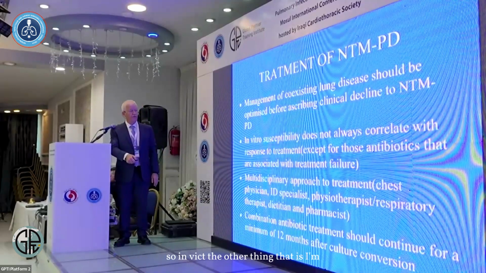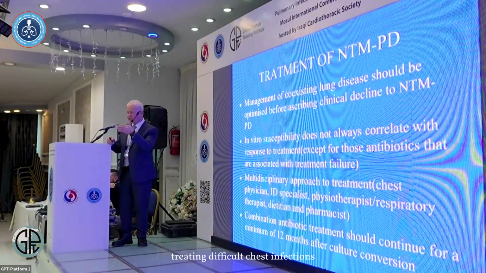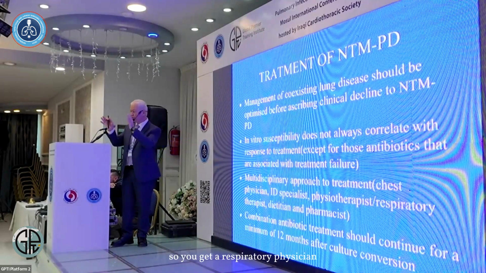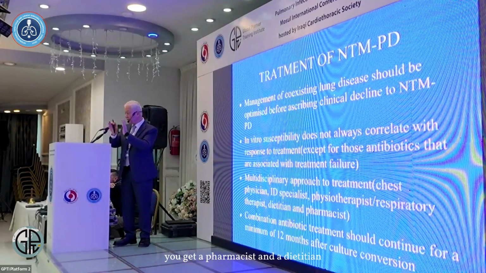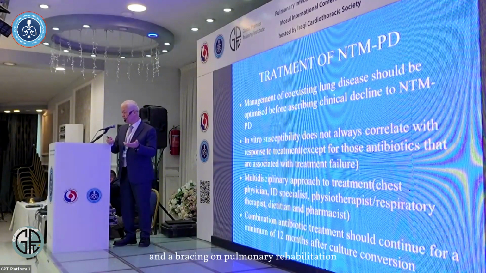The other thing is, I'm sure Nick was part of the team treating difficult chest infections, difficult pulmonary infections, and one of them can be Mycobacteria. So you get a respiratory physician, an infectious disease physician, a pharmacist, a dietitian, and also a physiotherapist for sputum clearance and advising on pulmonary rehabilitation.